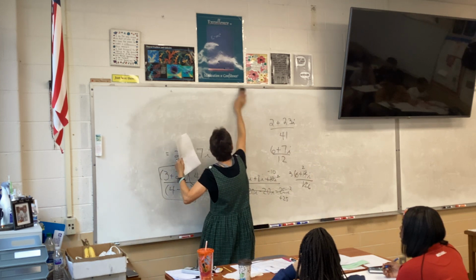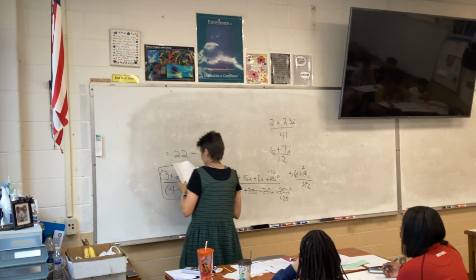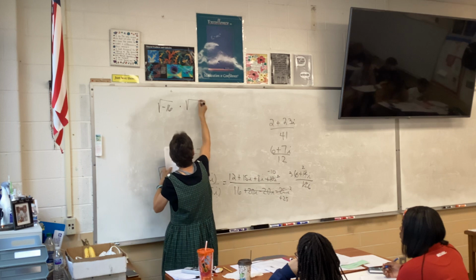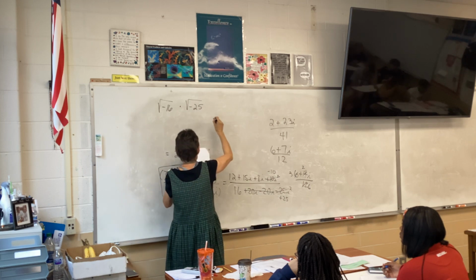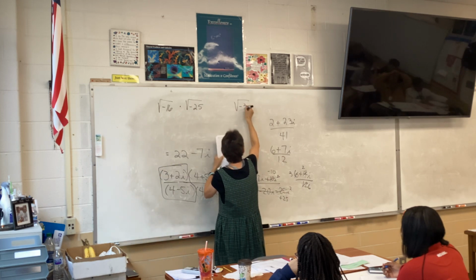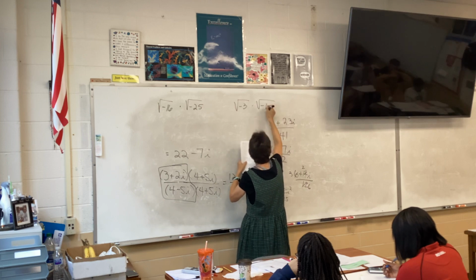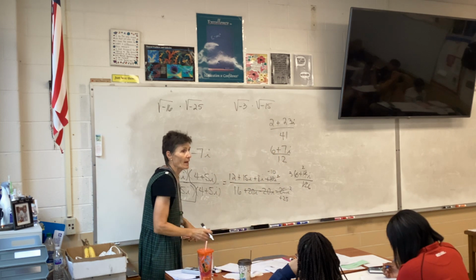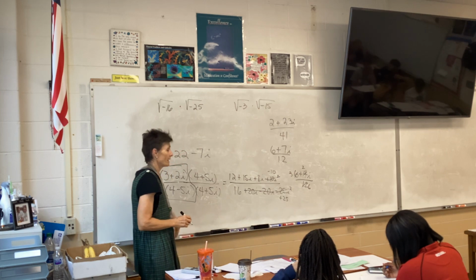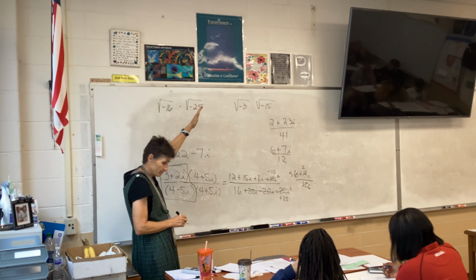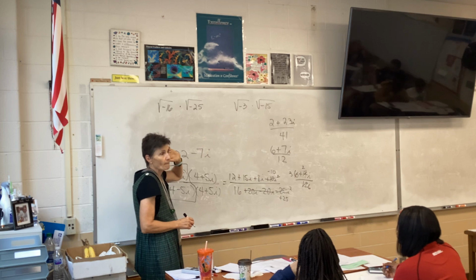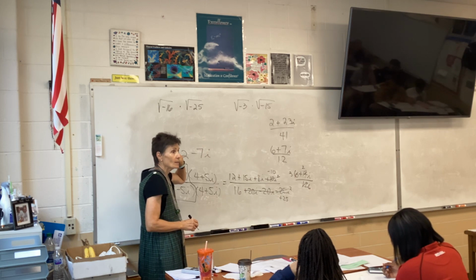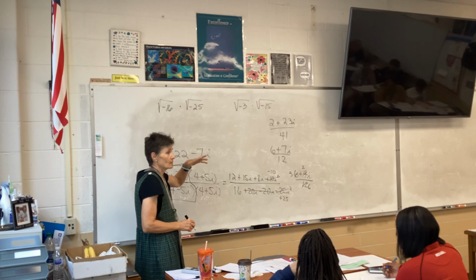Tell me what you think about the square root of negative 16 times the square root of negative 25. Do you think anything about that? Okay, I saw it kind of go up. Do you take the square root like normally, but then you add the i because you take the square root of negative 1 out?